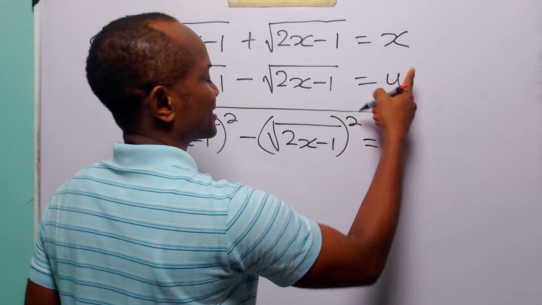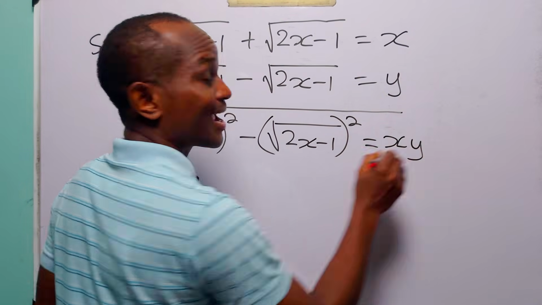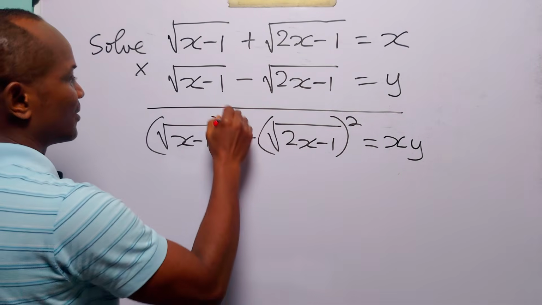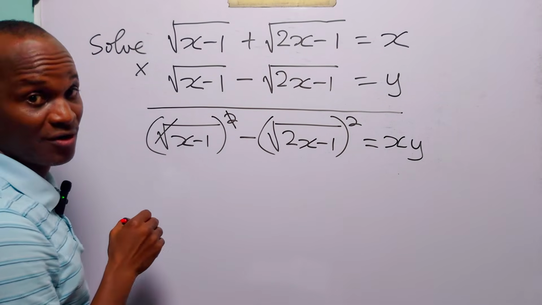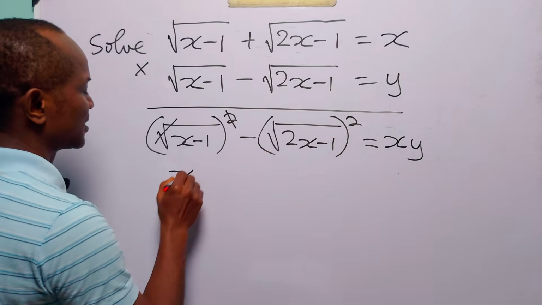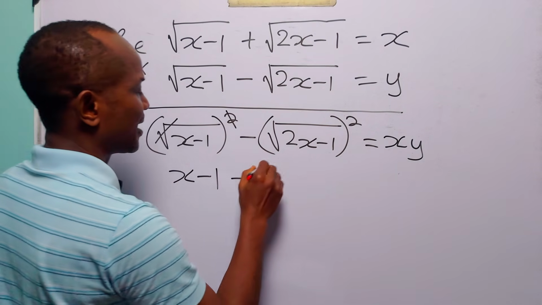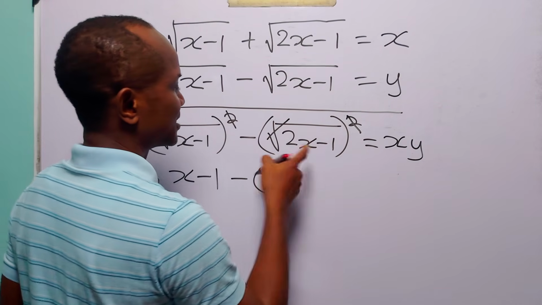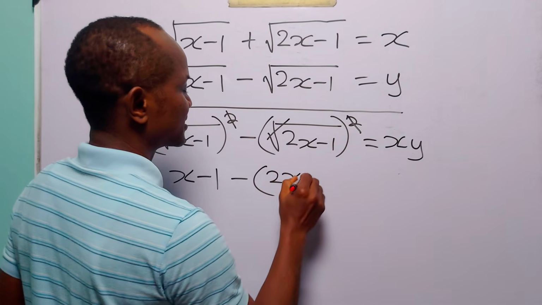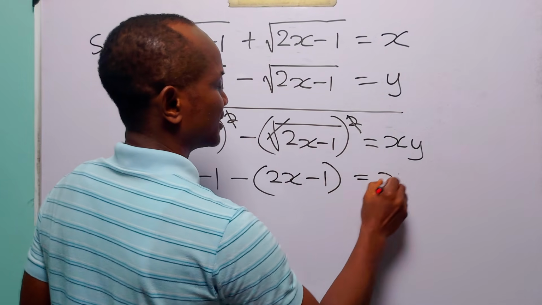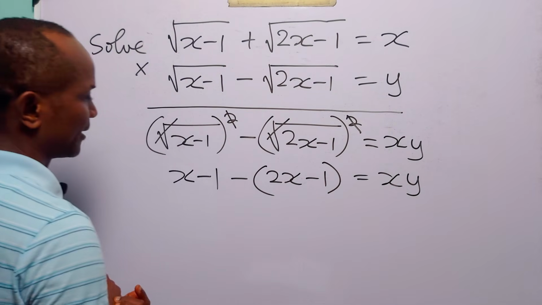And of course, x times y is equal to xy. Now, the square is going to take care of the square root, leaving us with x minus 1 minus the same thing happens here, leaving us with 2x minus 1. And this is equal to xy.